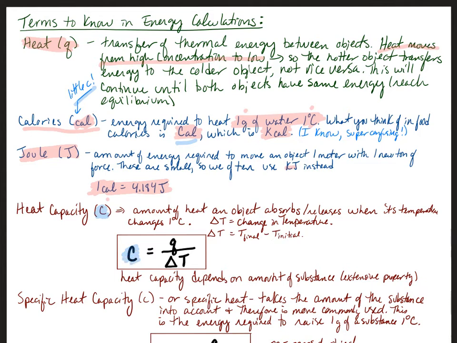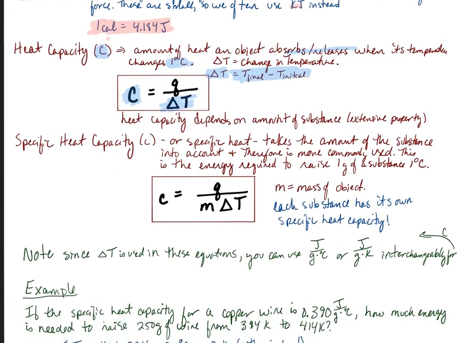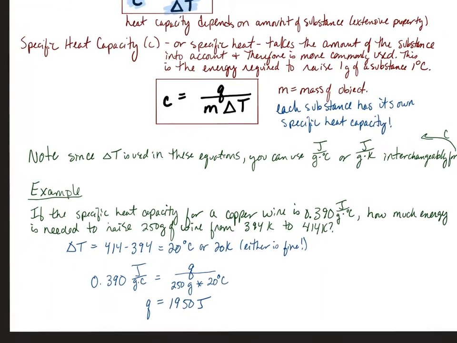So heat capacity is the amount of heat an object absorbs or releases when its temperature changes 1 degree centigrade. Now, I'm doing this delta T down here. Delta T is the change in temperature, and how you calculate change in anything, really, any of these deltas, is the final thing minus the initial thing. That's going to become very important as we move forward because you need to know which one goes first. Negative values in math are about to change things.